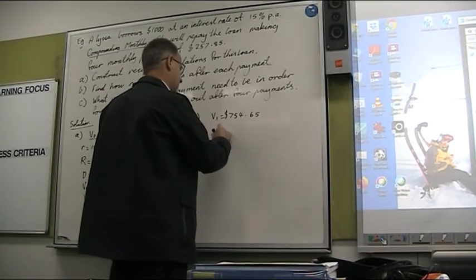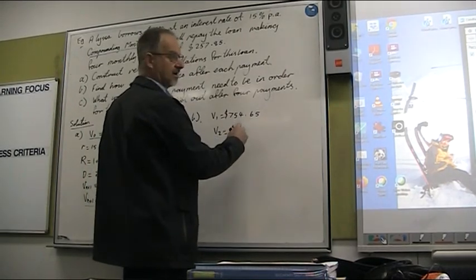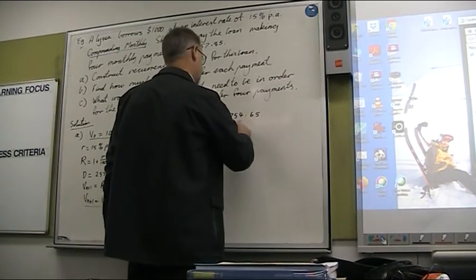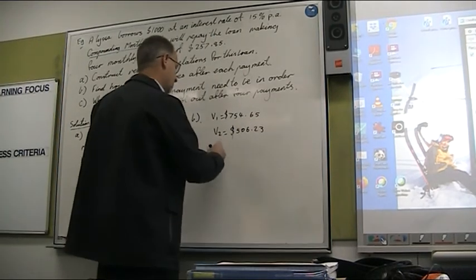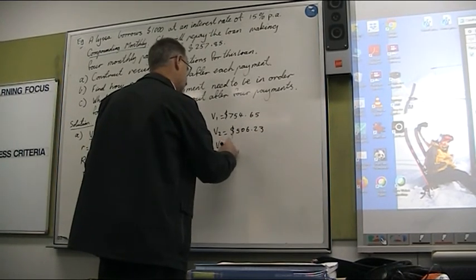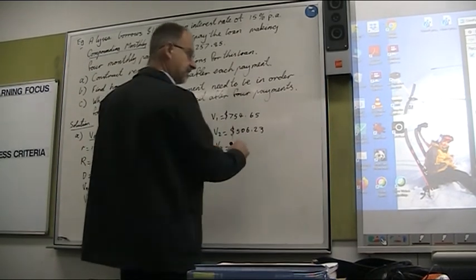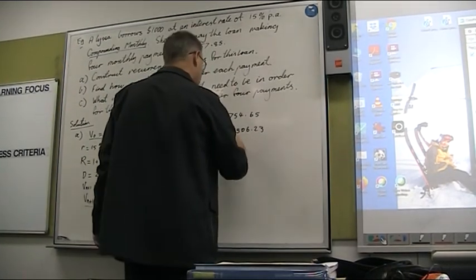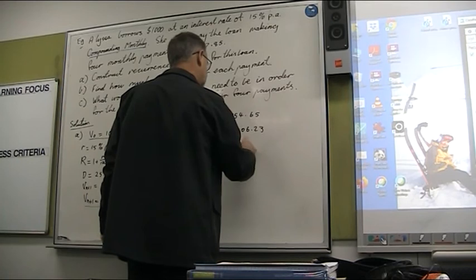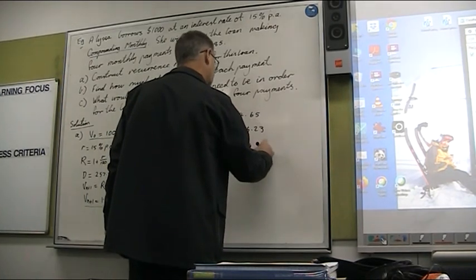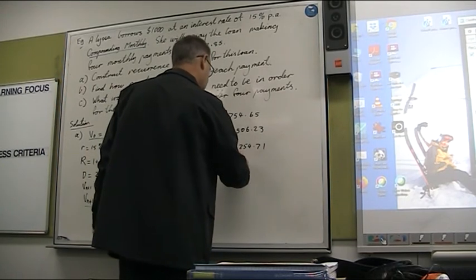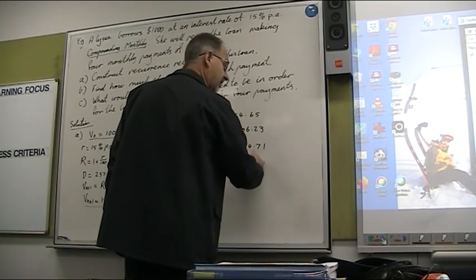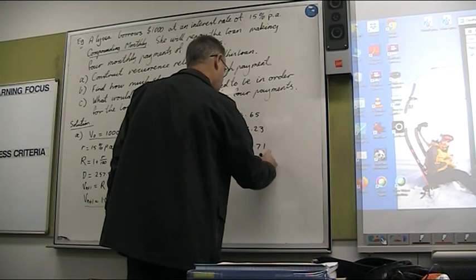The second month was $506.23. The third month, she owes $254.71, and after the fourth month, she owes $0.0449.